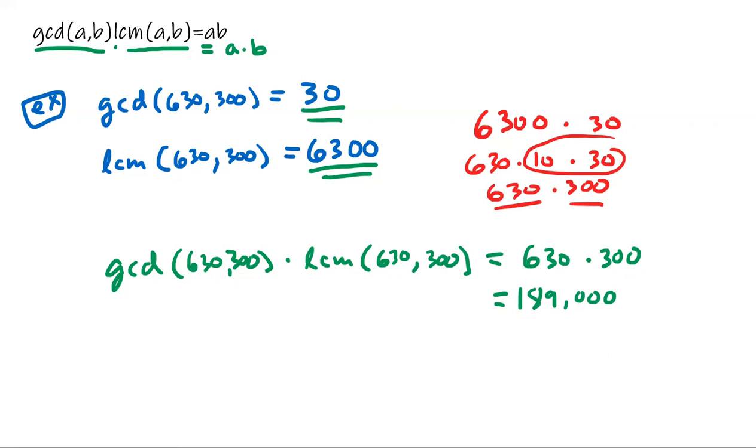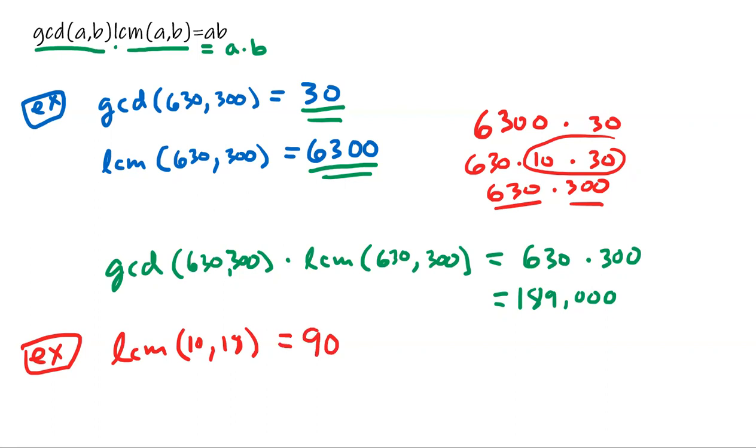And so let's take another example here. Let's say I know that the least common multiple between 10 and 18, so let's take something simple, is actually 90. Okay, so I know that.